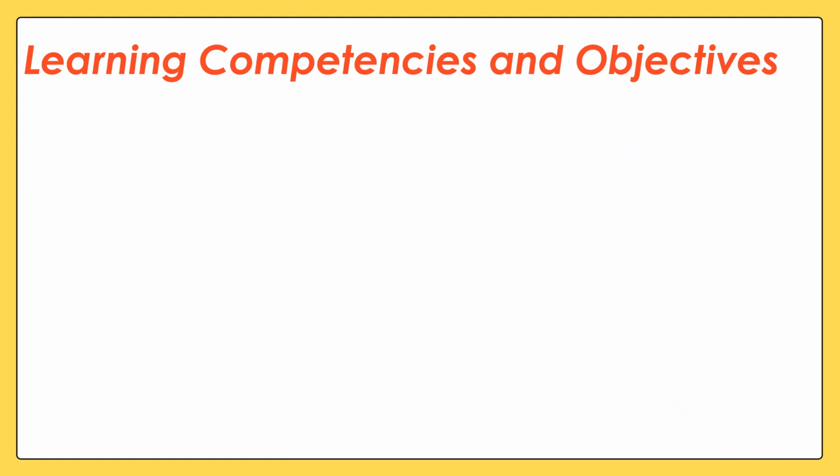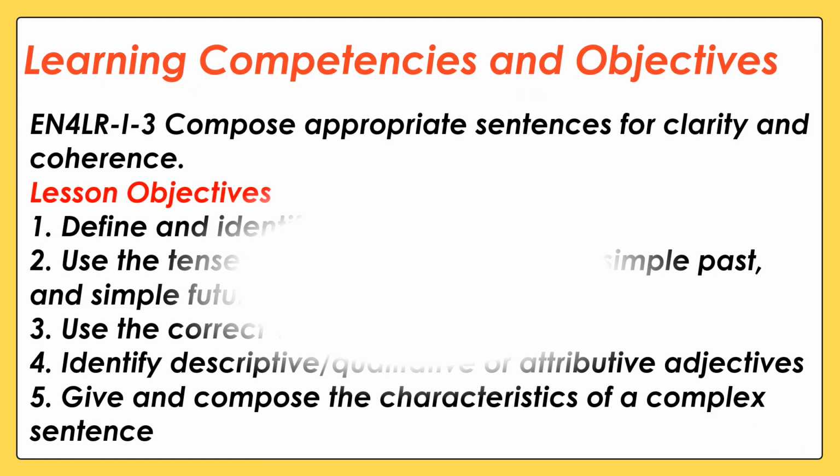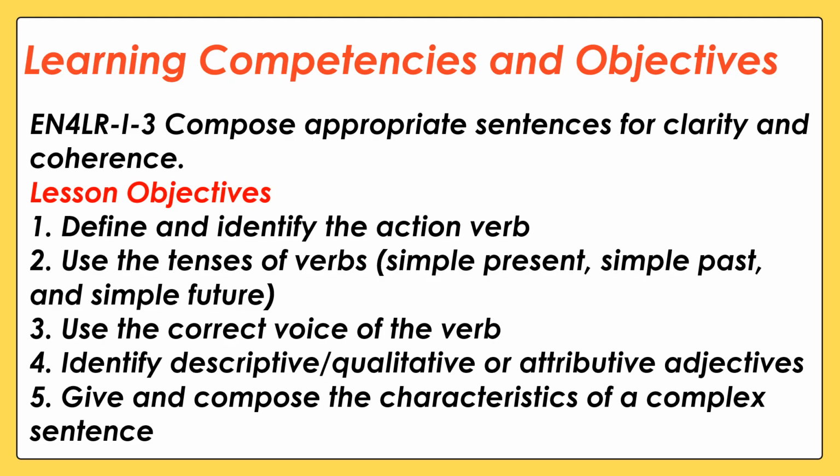For our learning competency: compose appropriate sentences for clarity and coherence. Lesson objectives. First, define and identify the action verb. Second, use the tenses of verbs: simple present, simple past, and simple future.